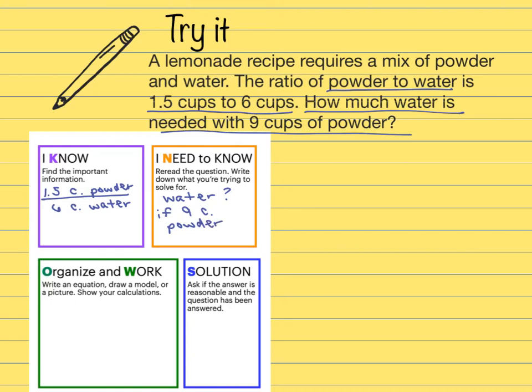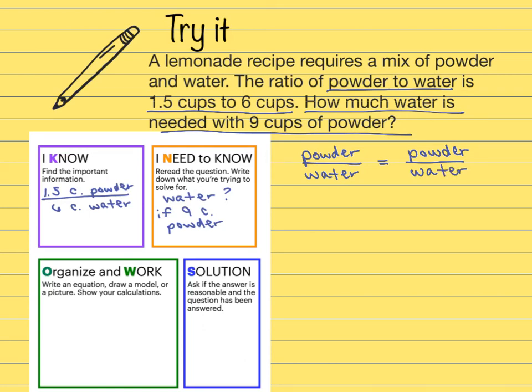Now we're ready to organize and set up our proportion. We know that a proportion is 2 equivalent ratios. What's really important is that you're comparing like units. We're going to compare powder to water, and so that is equivalent to powder to water.